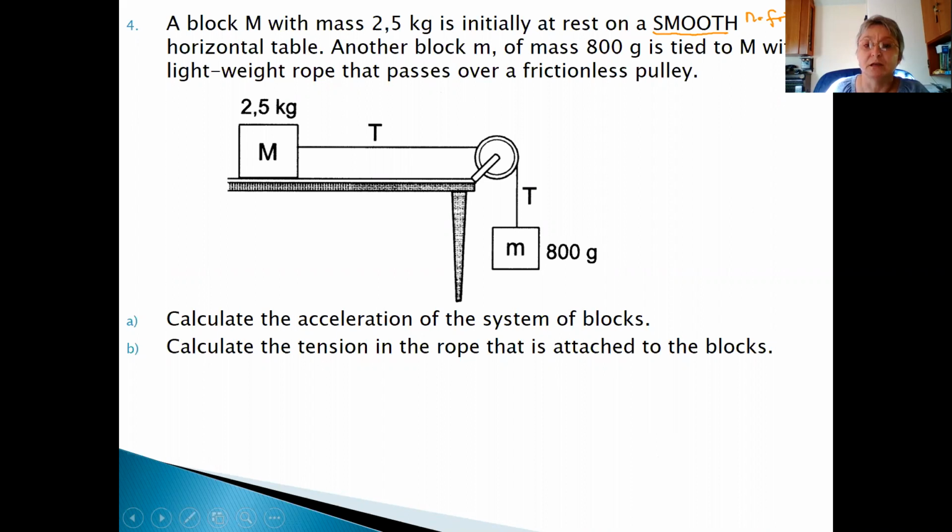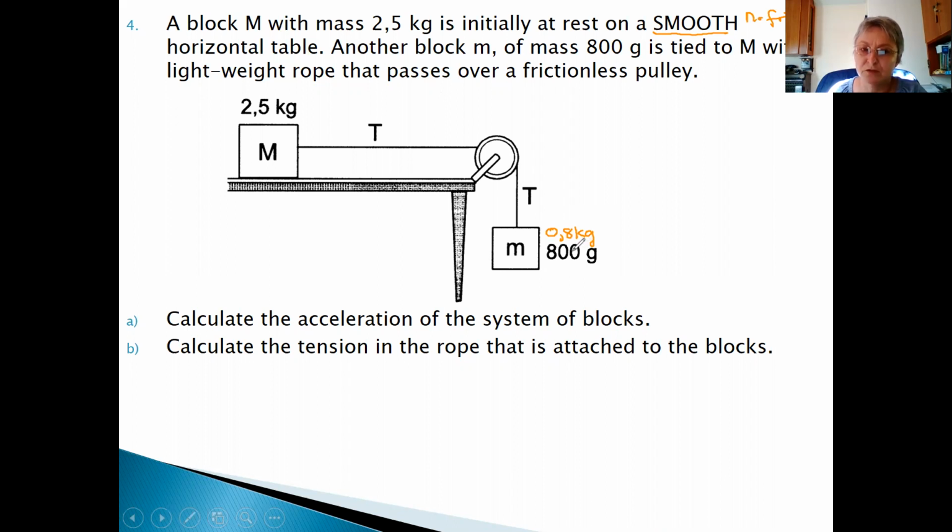Another block, little m, with a mass of 800 grams, this needs to be changed into kilograms, is tied to M with a lightweight rope that passes over a frictionless pulley. Calculate the acceleration of the system of blocks.